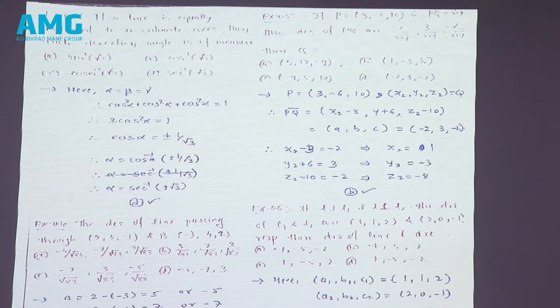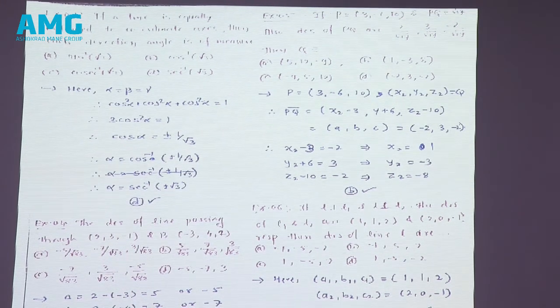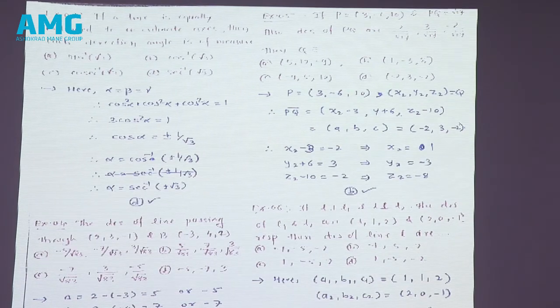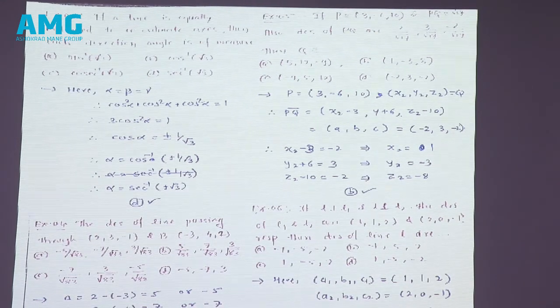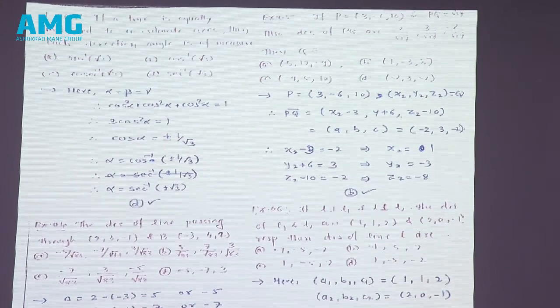Then the coordinate of Q is our target in this question. Options are like this: 5, 12, minus 9. B option says that 1, minus 3, 8. C option is that minus 9, 5 and 12. And last option is minus 2, 3, minus 2.